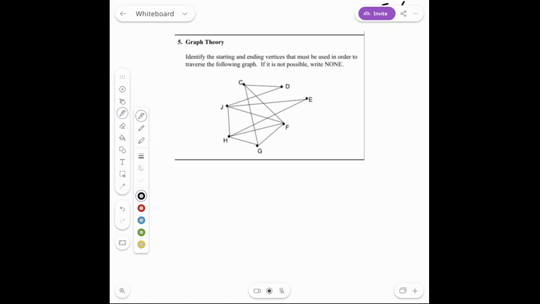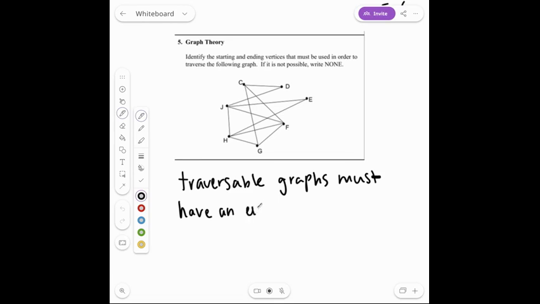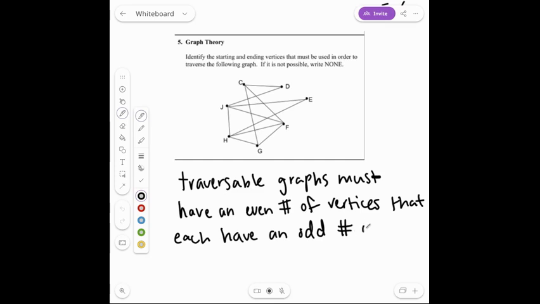So you can try this and write a few examples, but you might also know this, and I didn't explain it earlier, but traversable graphs must have at most two vertices that each have an odd number of edges connected to it.